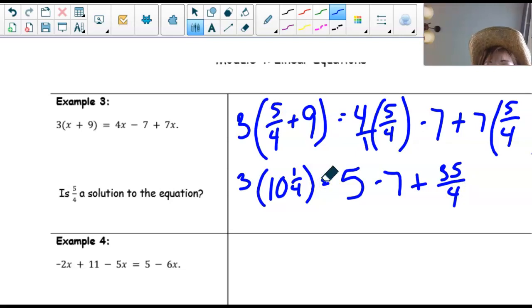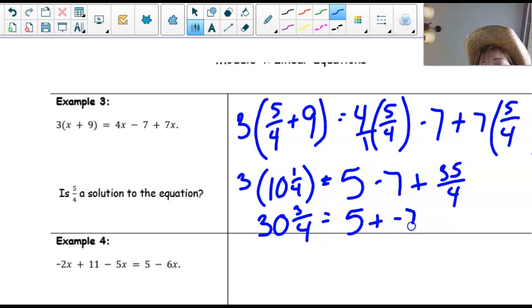So 3 times 10 and 1/4 would be 30 and 3/4. Is that equal to 5 plus a -7 plus, let's put that into number form, so 4 goes into 35. Let's see, 9 would be too many, so we're going to go 8 and 3/4.